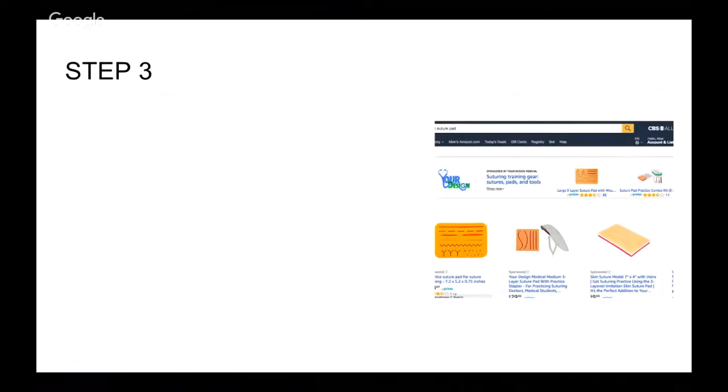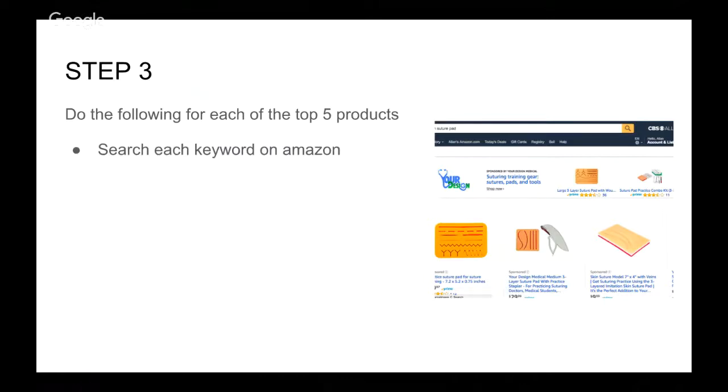So once I have my top 5, then I go to the next step. For each of those 5 products, I have 5 keywords, right? So I do a search on Amazon for each of the keywords. I just type them in, and I start looking at the results.